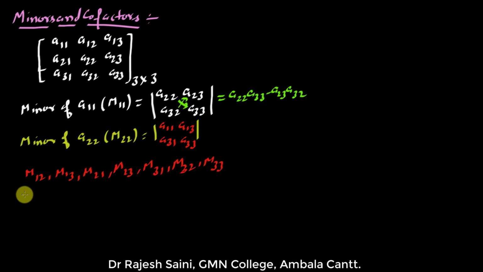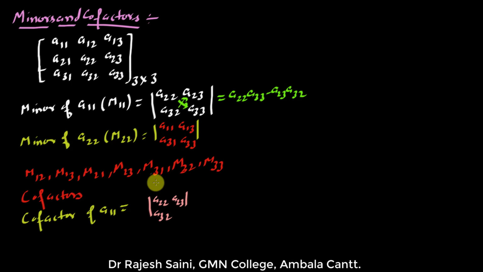Now we'll find the cofactor. If I say the cofactor of A11, on the same lines, leave the first row and the first column, and write A22, A23, A32, A33.